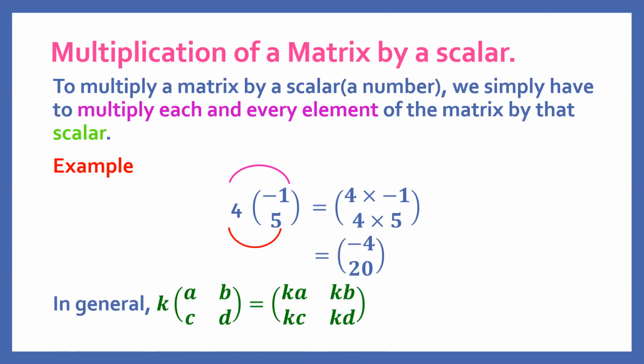So in general, K times the matrix A, B, C, D, where K is a scalar, will be equal to K times A, which is KA, K times B, KB, K times C, which is KC, and K times D, which is KD.